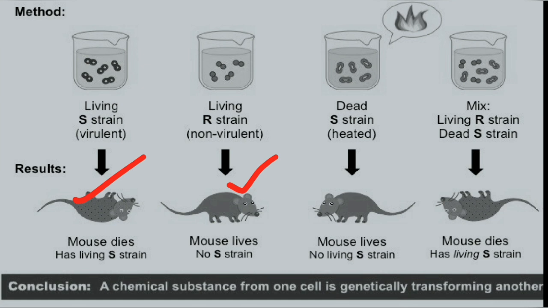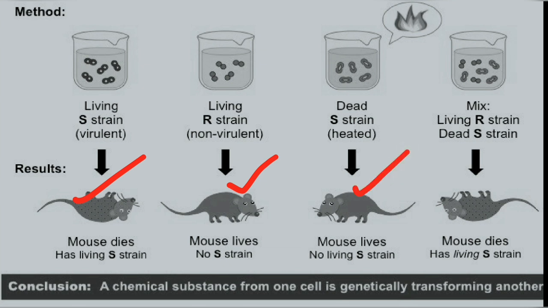Then he injected heat-killed S3 strain into mice. The mice lived and pneumonia was not produced. In the heat-killed case, the capsule layer of that strain was destroyed, so the mice lived.